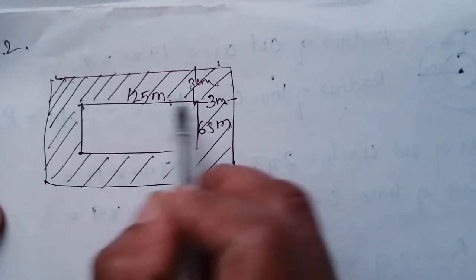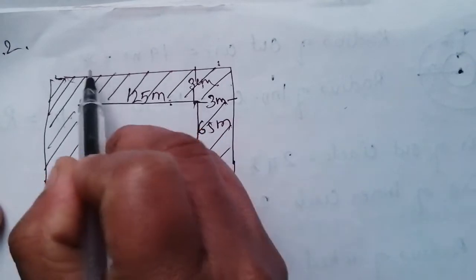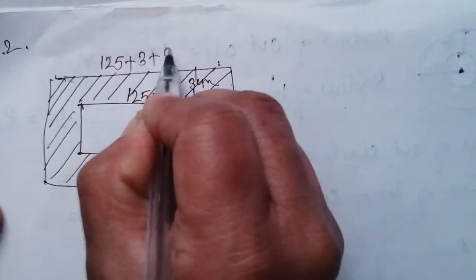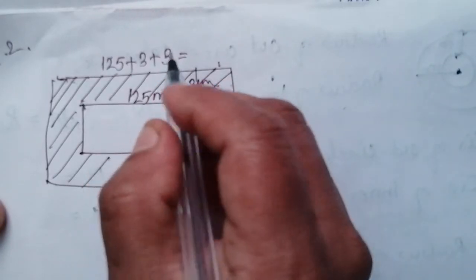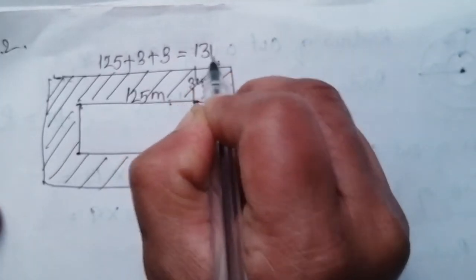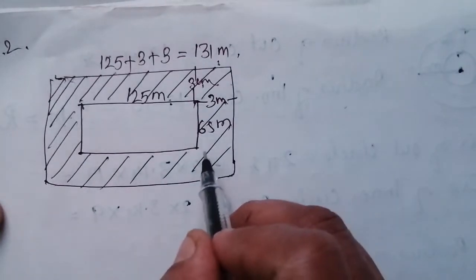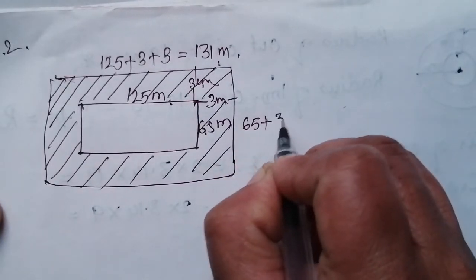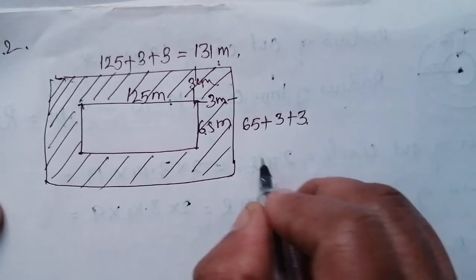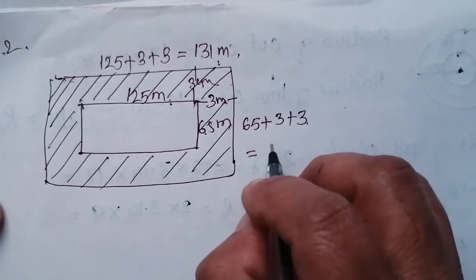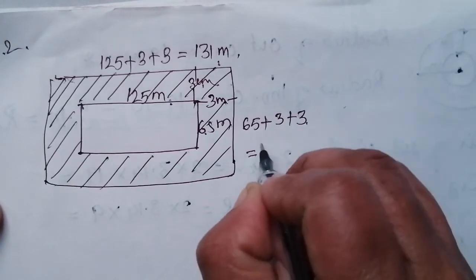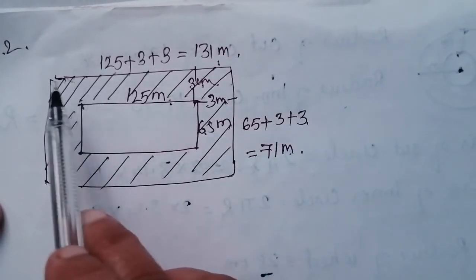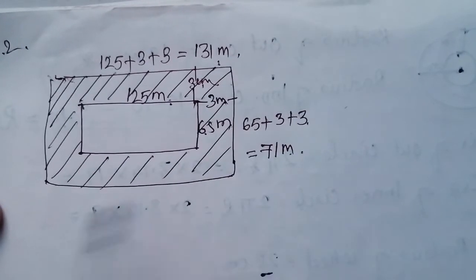Now this is 125, and the path is 3 meter wide, so 125 plus 3 plus 3, you will get 131 meter. And this is 65 meter plus 3 plus 3, if you add this, it is 71 meter.